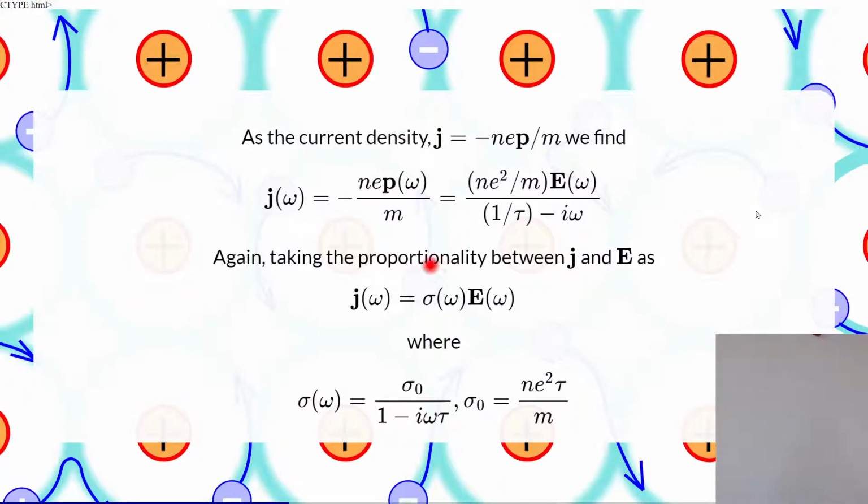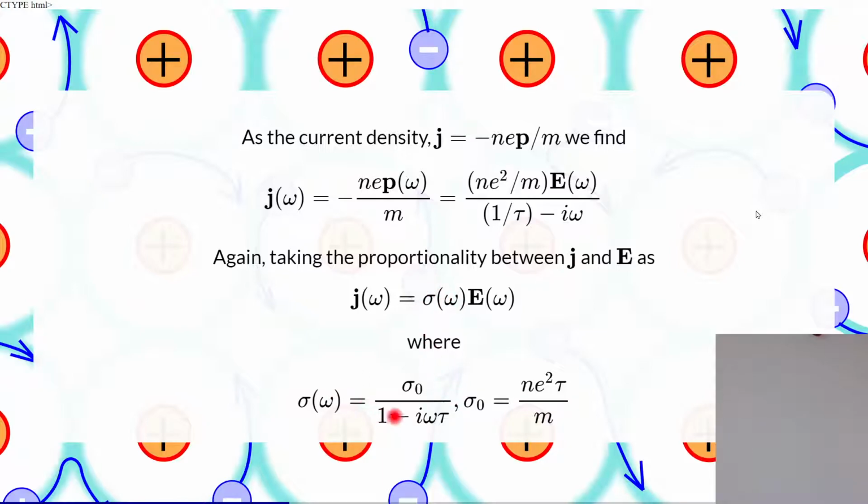But now there's an additional complication: the proportionality between the current that's induced and the electric field that we apply is no longer just a straight number dependent on the material, but it depends on the frequency of the AC, of the light, of the electric field that we're applying.